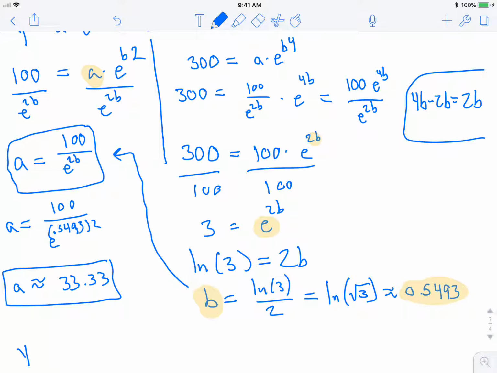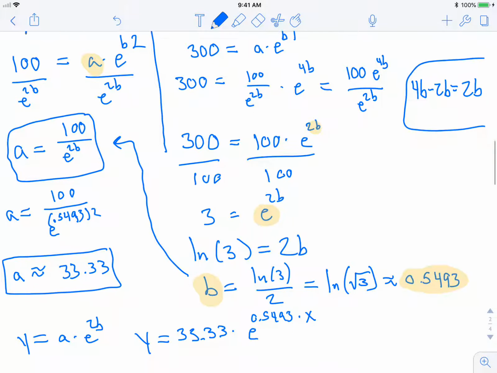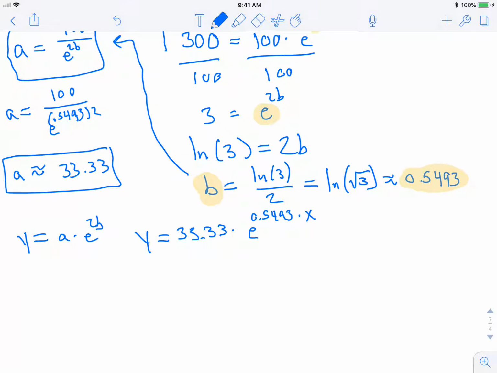Let's rewrite y is equal to a times e to the bx as y is equal to 33.33 times e to the power 0.5493 times x. And now we're free to plug in x values and find some y values.